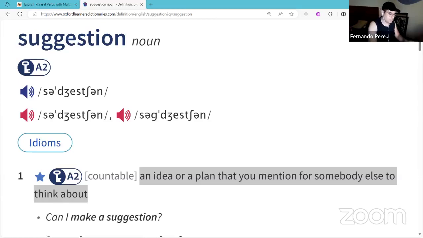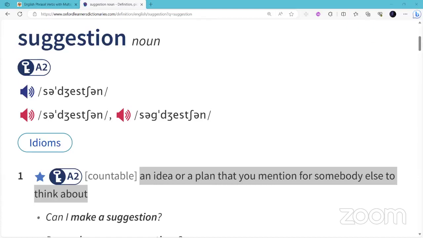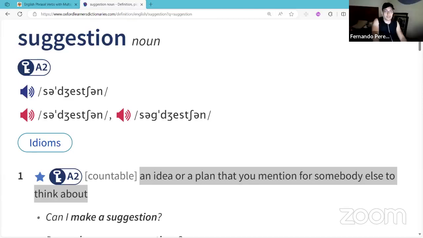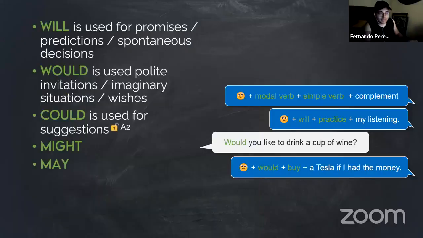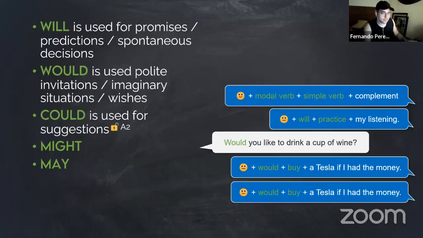Imagine you plan a birthday party for Karen. Okay, Karen, what's your favorite band music? Coldplay. You like Coldplay? Okay, interesting. So I have a suggestion. For your birthday, we could go to a Coldplay concert.